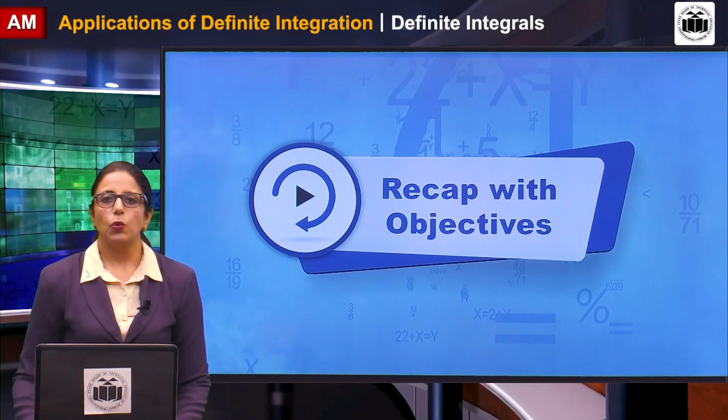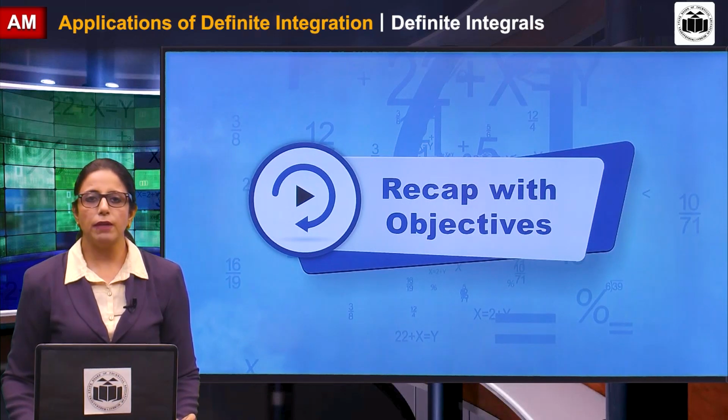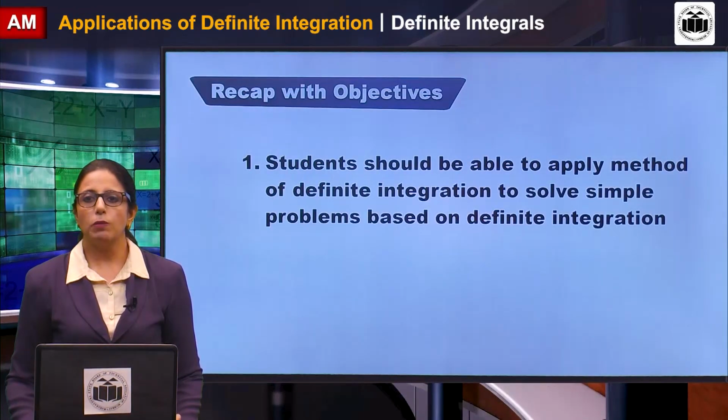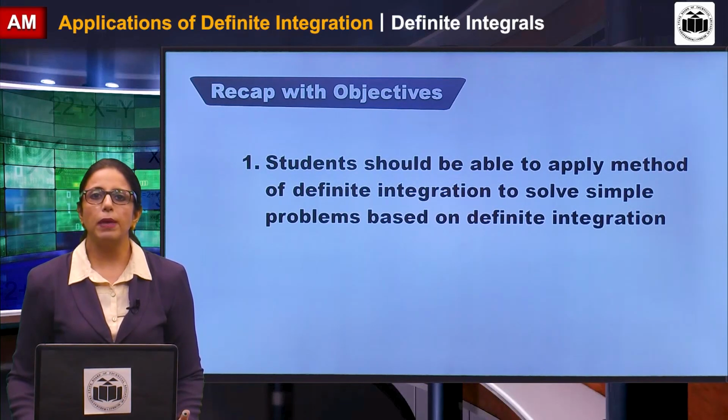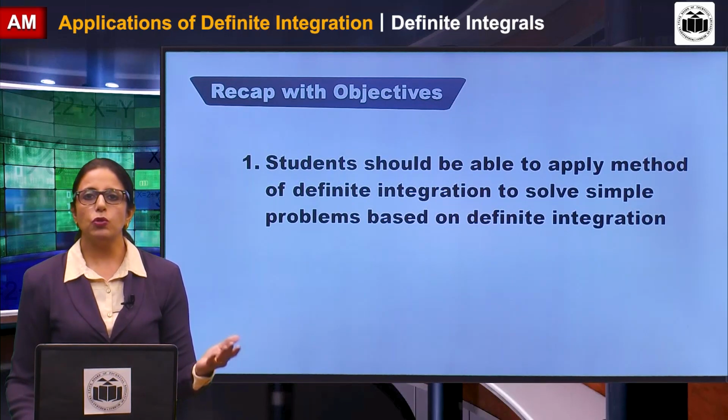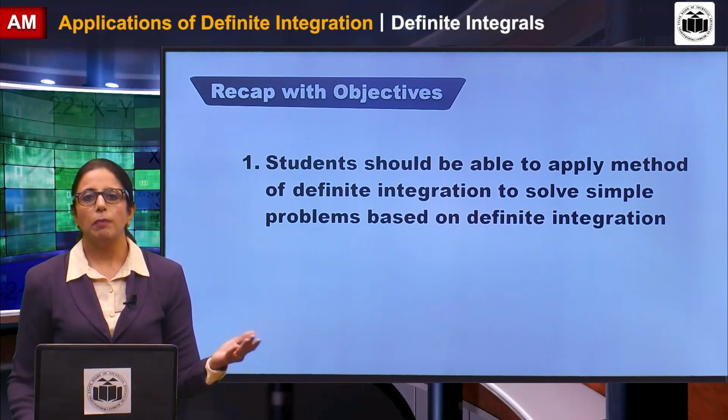So students, what did we cover? What were our objectives? That is what we are covering here. So let us see the objectives that we have covered. Students should be able to apply the method of definite integration to solve simple problems based on definite integration. And yes, we have right now just seen how to solve simple problems based on integration.